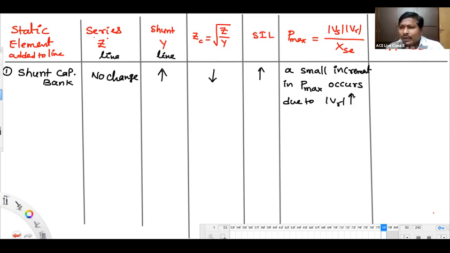Series reactance is more or less same. A small increment is expected in the P maximum because of the shunt capacitor bank addition.